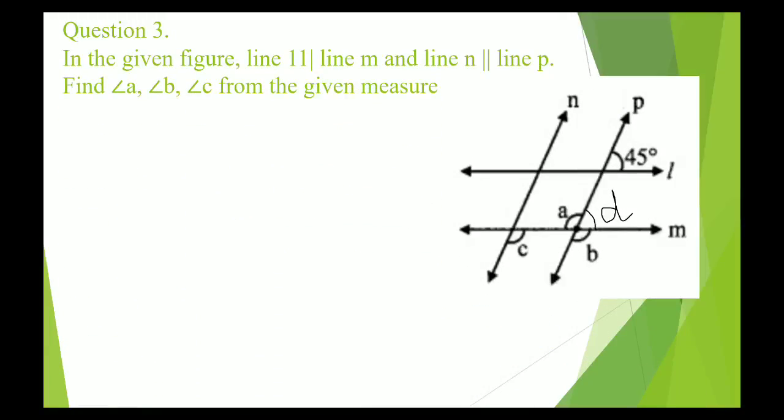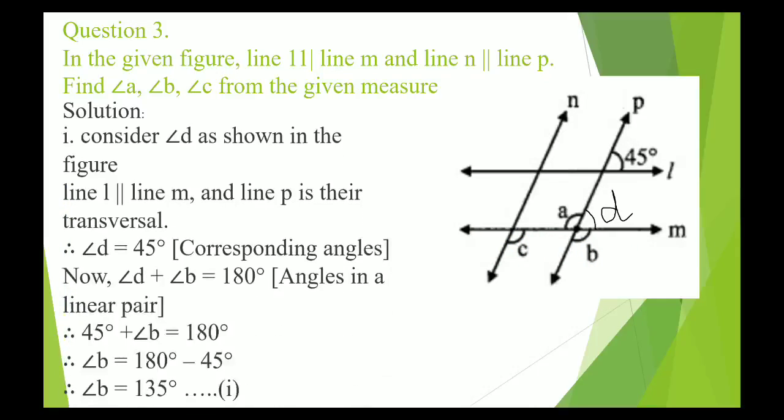Now question number 3. In the given figure, line L is parallel to line M, and line N and line P are parallel. Find angle A, B, C. Consider angle D as shown in the figure.